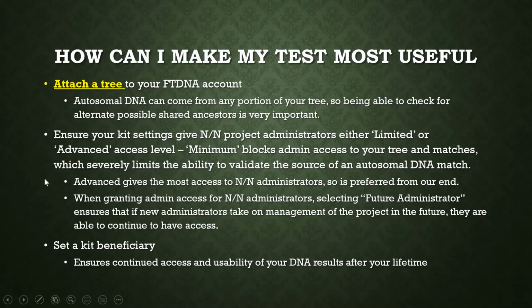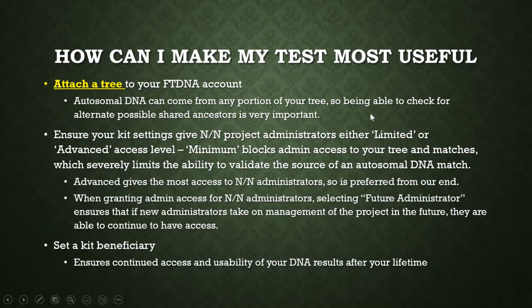Also, you want to ensure that your kit settings give the Nesbitt-Nisbet project administrators at very minimum the limited access level. Advanced is what gives us the most access, so it's preferred from our end. But if you're concerned about privacy, or if you think the Nesbitt administrators are going to try to take too much control, I think for the Y-DNA they generally always recommend advanced level of access.